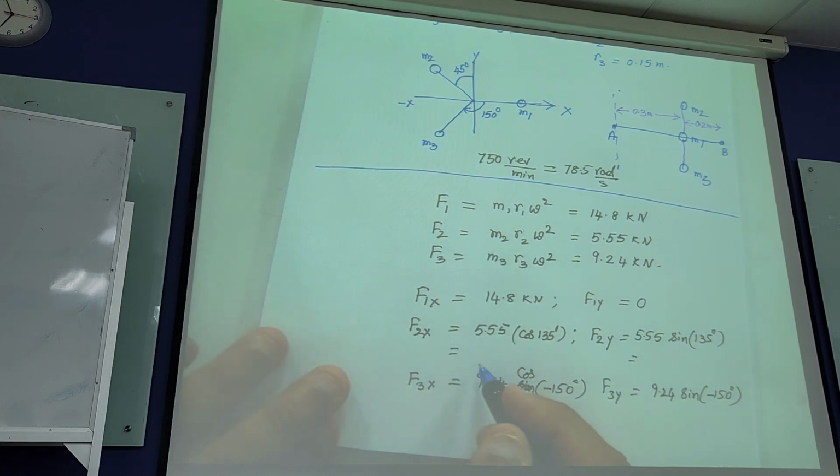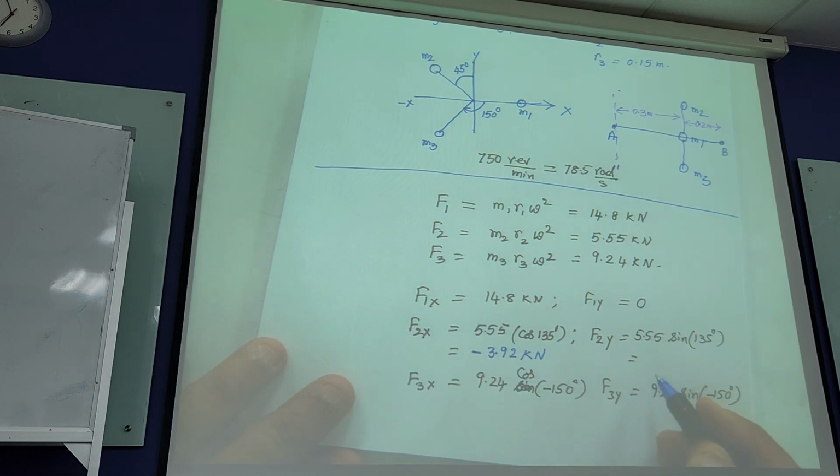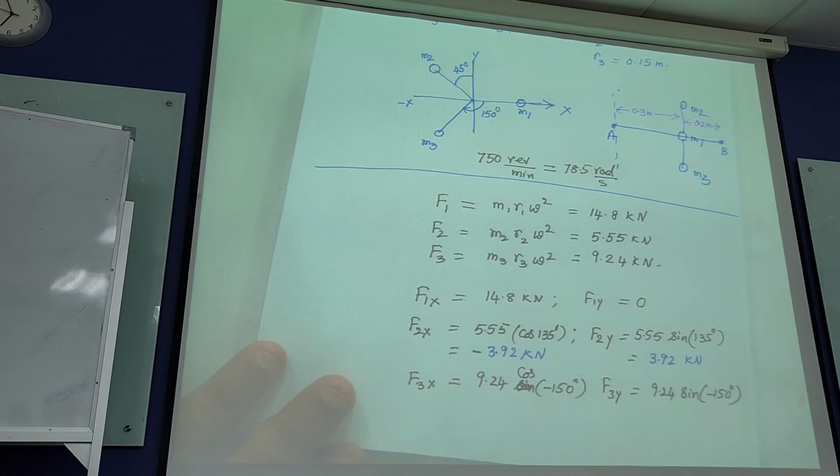So F2x, how much you get? Is this negative 3.92? F2y? Plus 3.9.